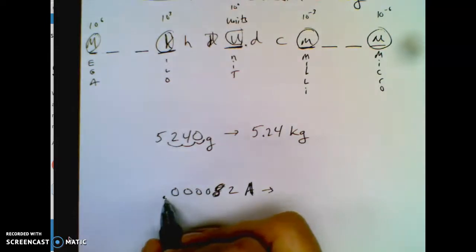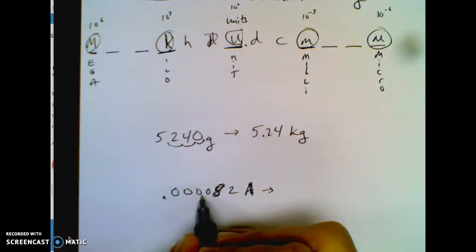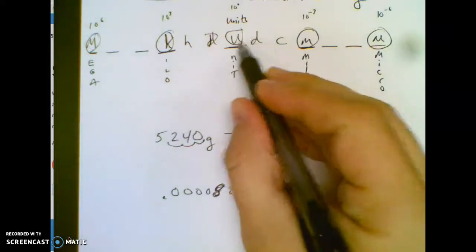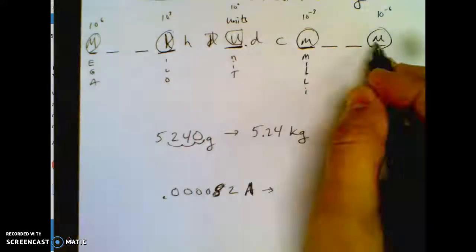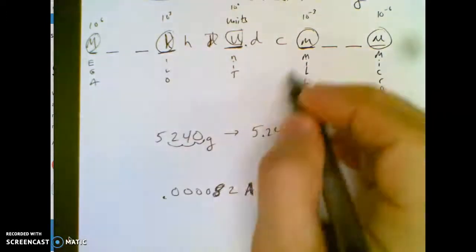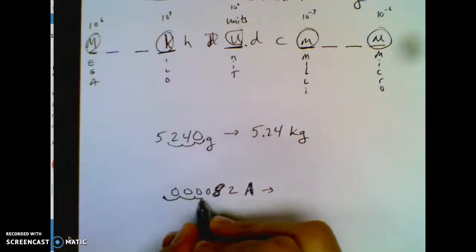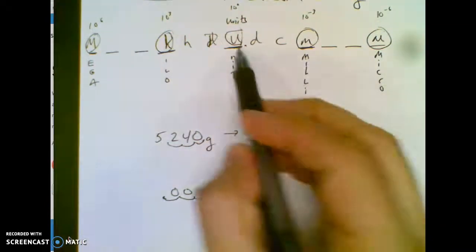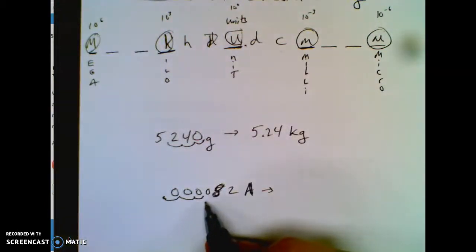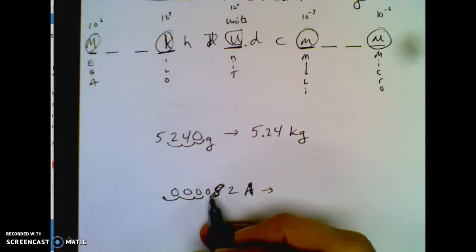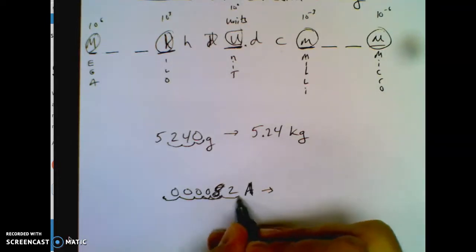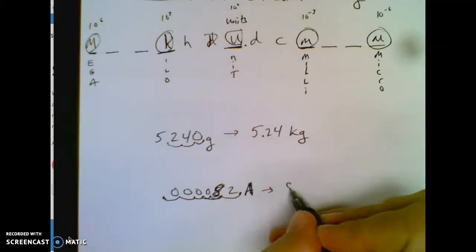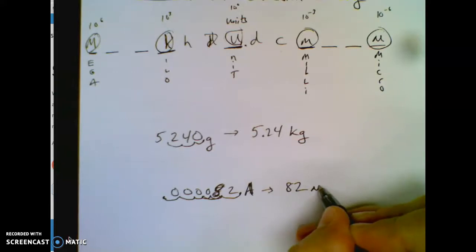So I move the decimal place over until it is. I don't want to just move it to any of these deca, centa, hecta, I only want to hit one of these big dogs here. If I move it over 3, and it's still not a number between 1 and 999, then I move it over 3 more. So I moved it over 3 and 3, and it ends up here as 82 microamps.